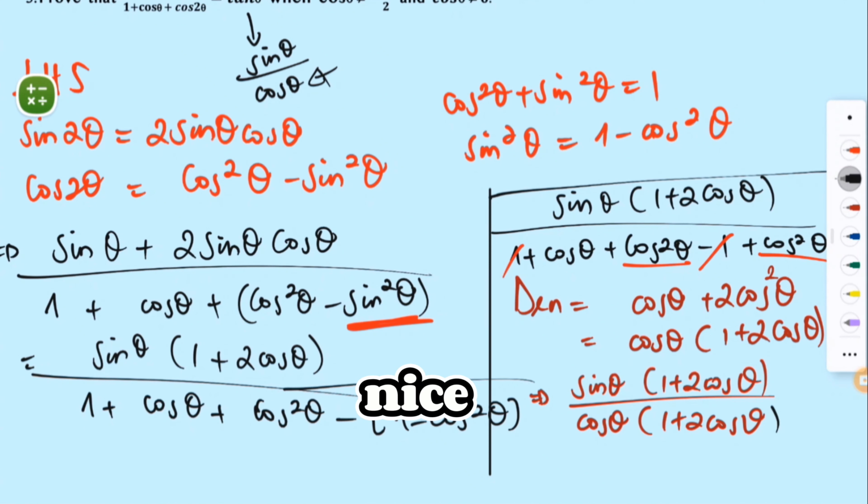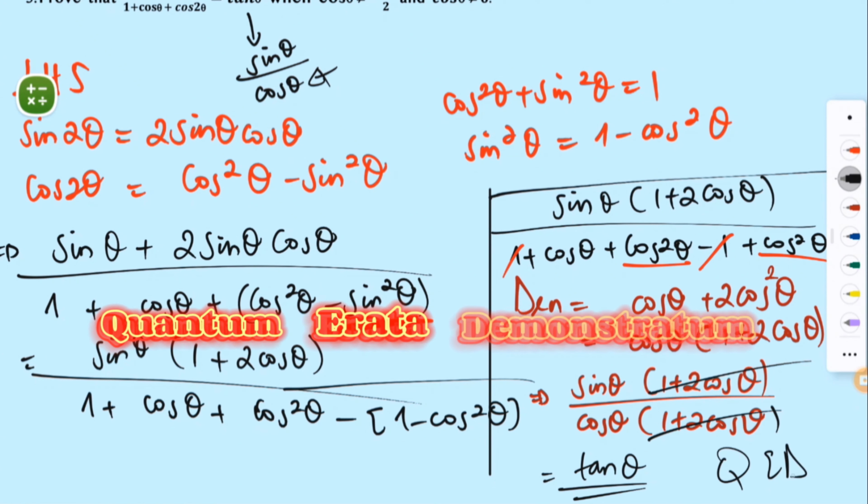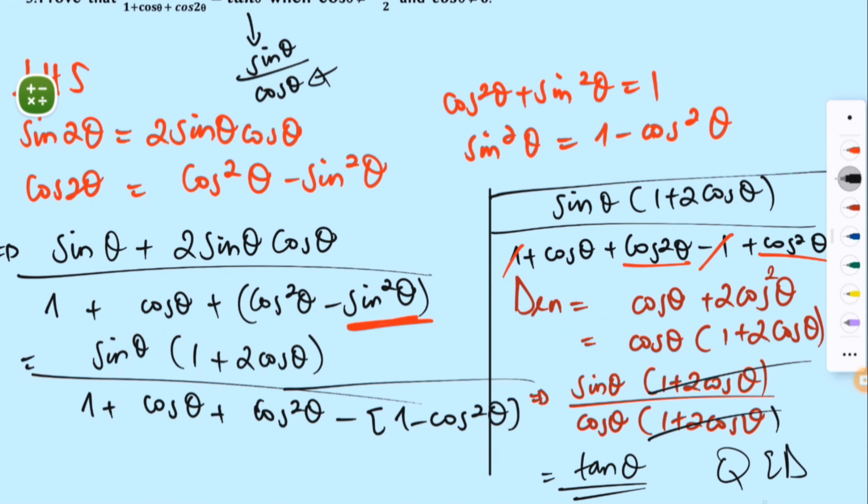And this just cancels out nice and easy. Now we have sine theta over cos theta, which is tan of theta. Quod erat demonstrandum, just as required.